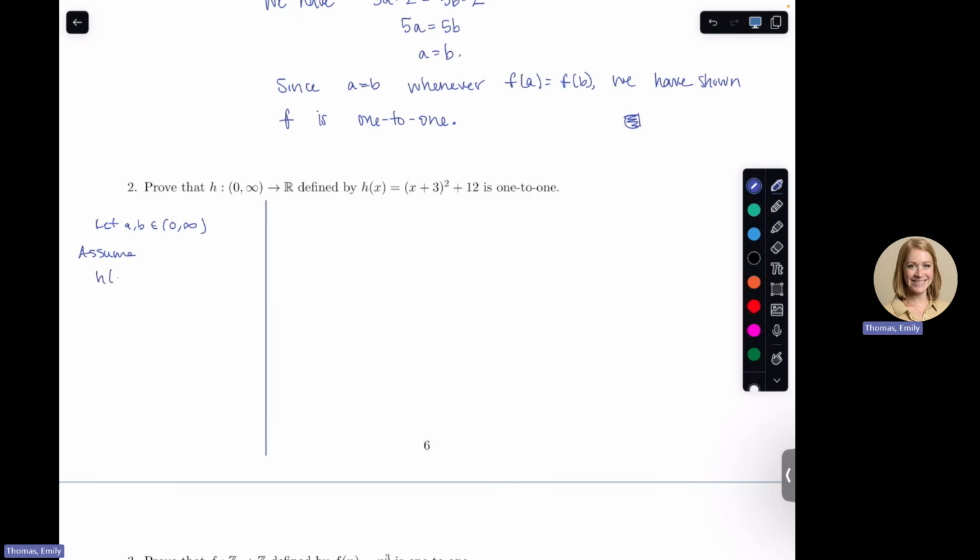So we're going to assume that h of A equals h of B. And what do we want to show? Okay, so if we have h of A equals h of B, what does that mean?